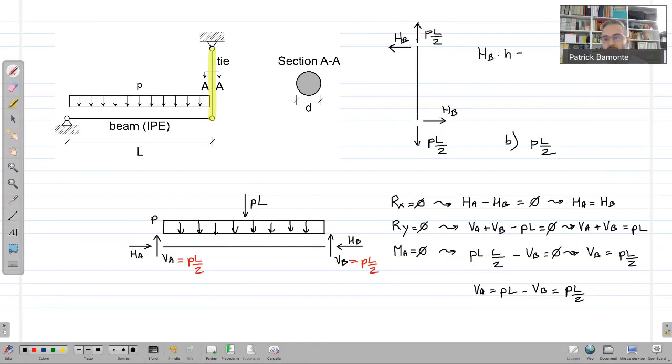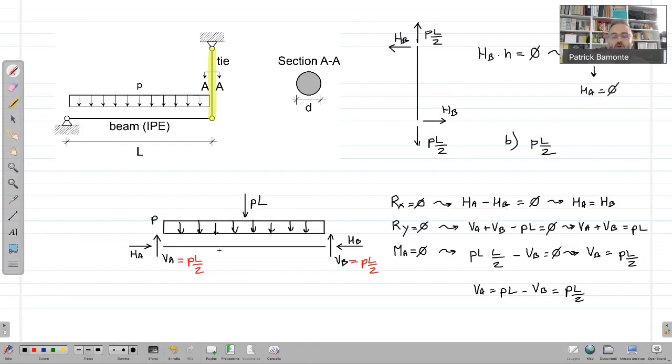It is not even given because it's not relevant for the result. And what you get from this equation, the tie having a predefined length, so H is definitely different from 0, is HB equal to 0. And by knowing that HB is equal to 0, we know HA is equal to 0. Okay? So, concluding this, HA is equal to 0.